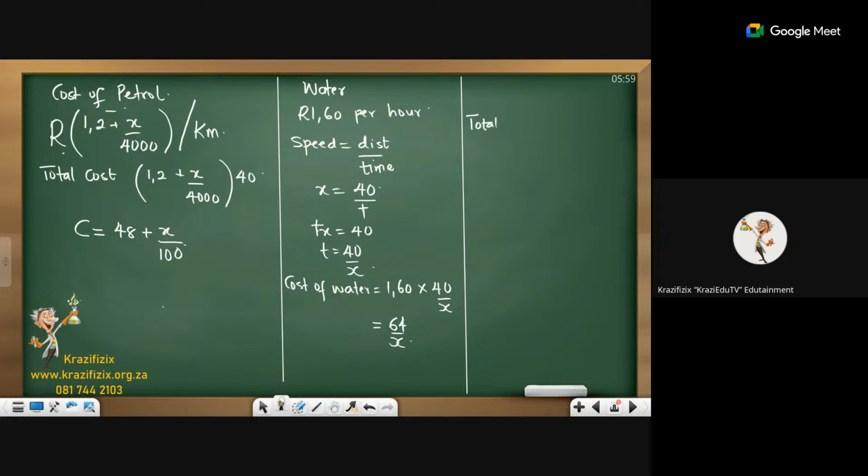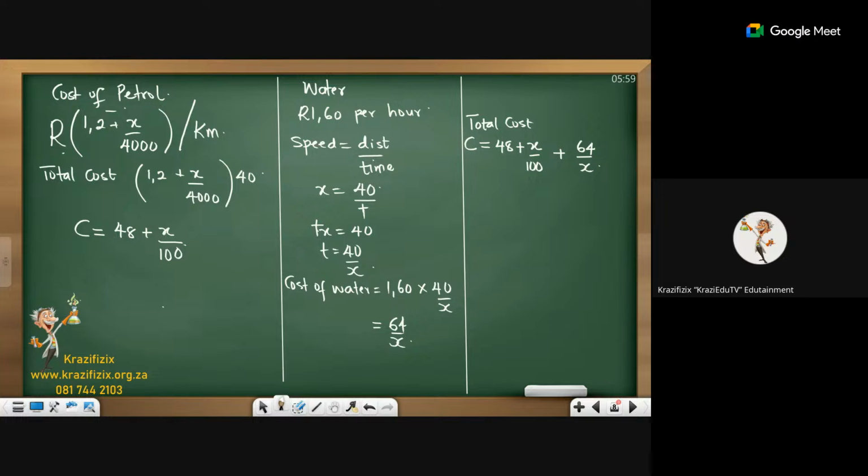Total cost, we're going to say 48 plus x over 100, which is that of the petrol, plus 64 over x. I hope that makes sense. This is our total cost.